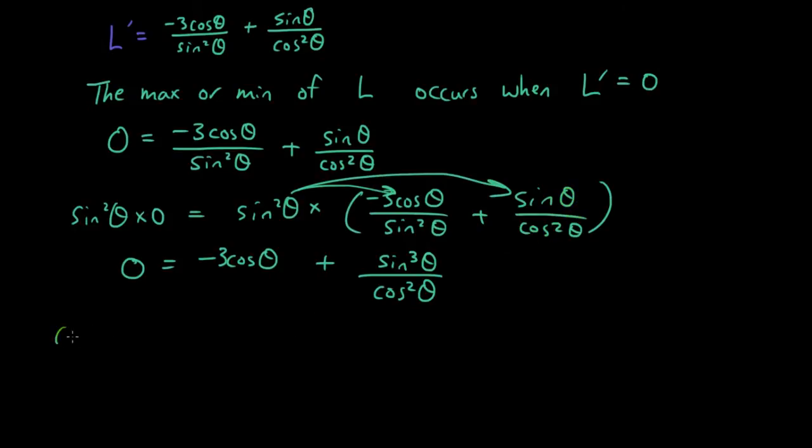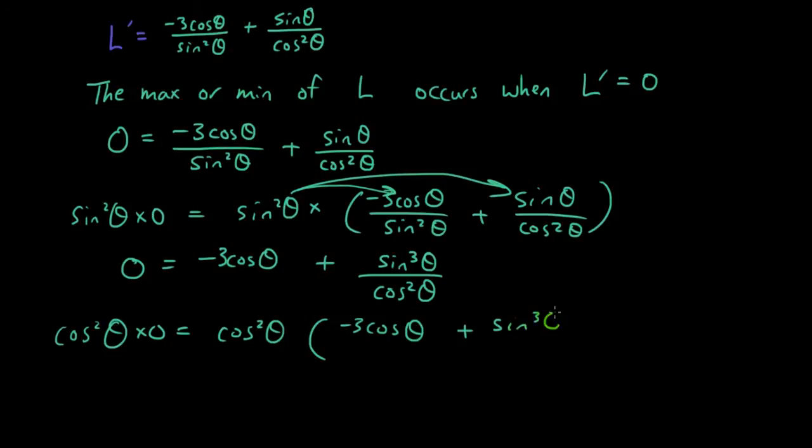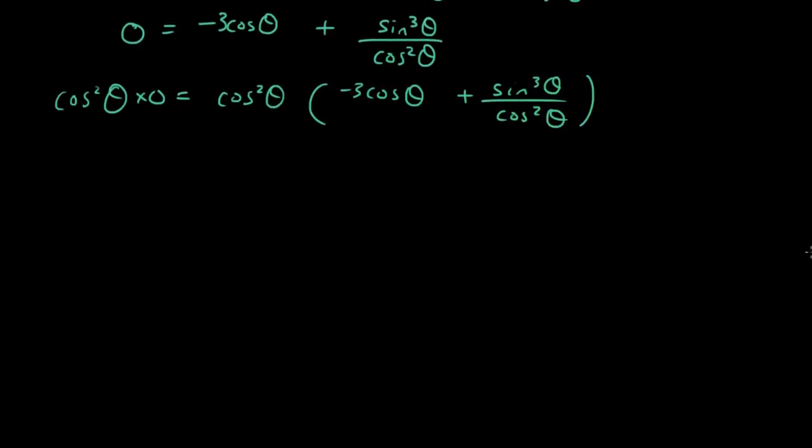And now I'm going to multiply both sides by cos squared theta, so cos squared theta times everything on the right. On the left hand side, still equal to 0.